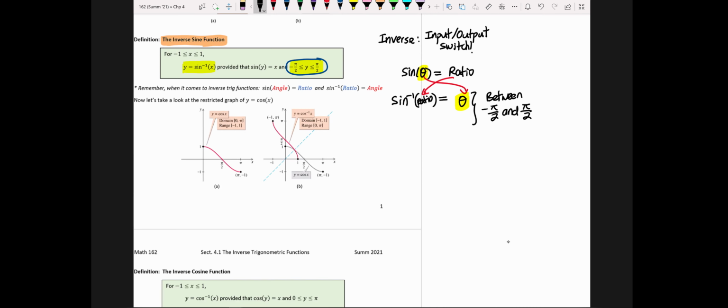So since sine is not a one-to-one function, when we do the switch, there are infinitely many angles to satisfy this equation, but we have to restrict it to make it a function, because for functions, every input has exactly one output. We restrict the output to be between negative pi over 2 and pi over 2.